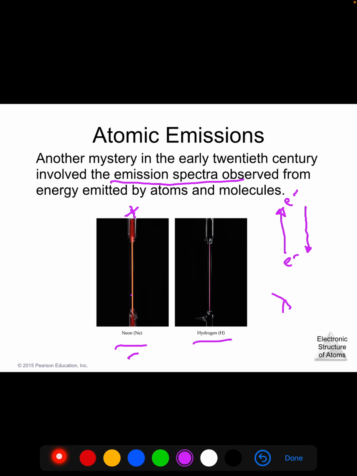This is a vacuum tube, a glass tube with a small amount of atoms of hydrogen or neon, hydrogen here, neon here, that get excited by the electricity and jump up. They take that energy, absorb that energy, jump up to a higher orbital. That promotes them up to a higher orbital, and they can fall back down.